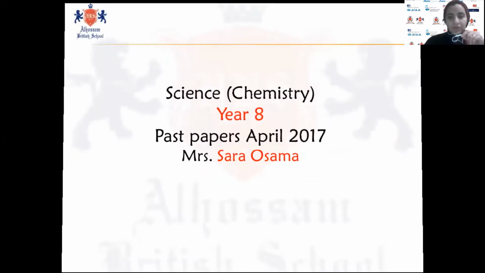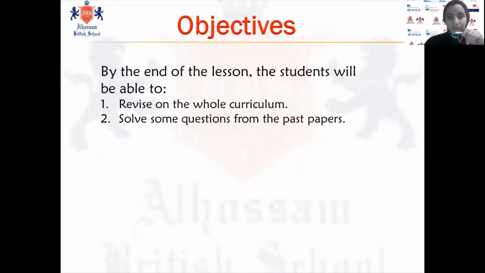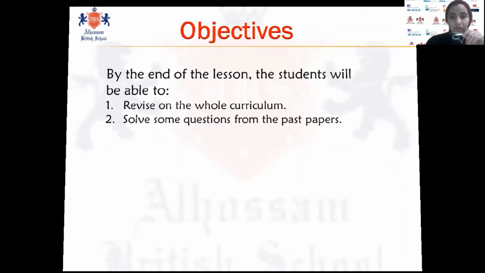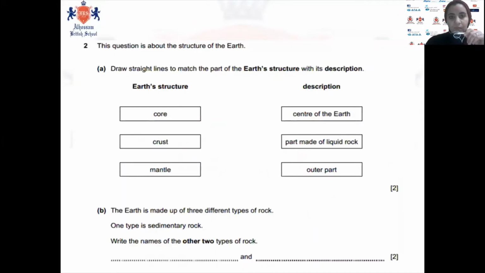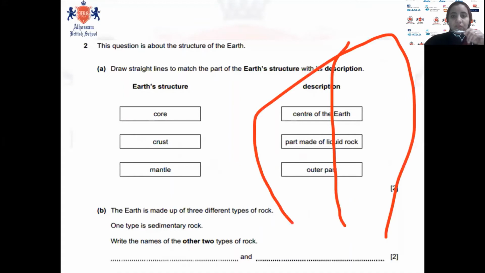April 2017. Start with paper 1. Of course, after this session, we'll be able to revise some topics in the new curriculum and solve some questions from the past paper. Okay, first question. This is about the structure of the Earth.